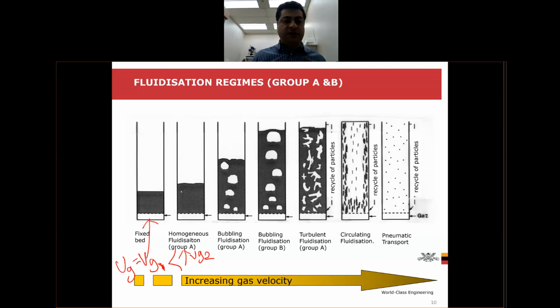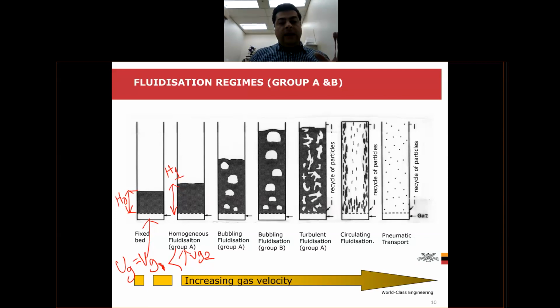So the bed height, if at the beginning in the fixed condition the air is 0, at some point you can see that H1, the level of the bed, has increased, is more than H0.